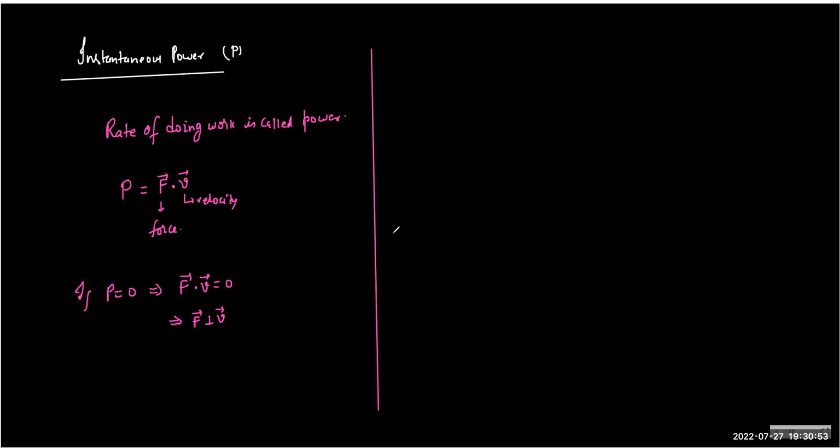So the work, and this is not the only thing which we study. We have something called flux. Flux is everywhere in physics. For electric field we write E dot area vector. In magnetism we write B dot A vector.